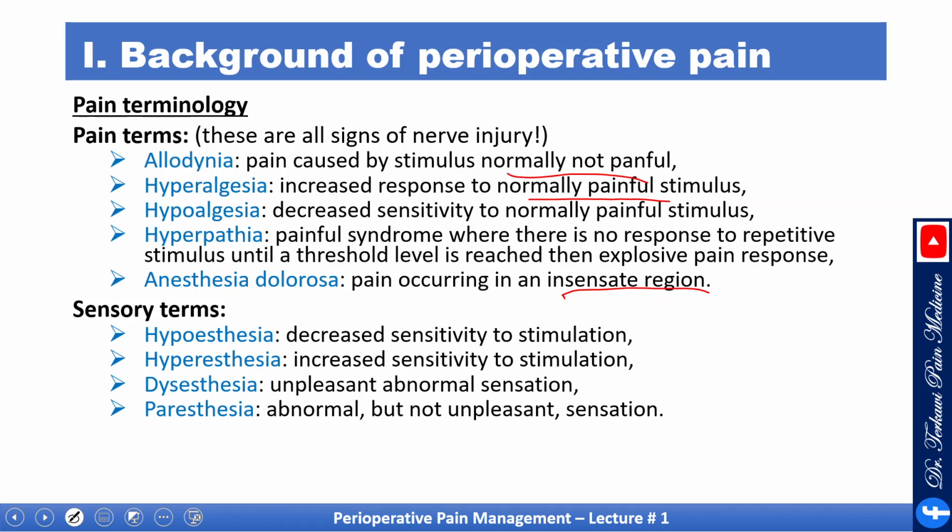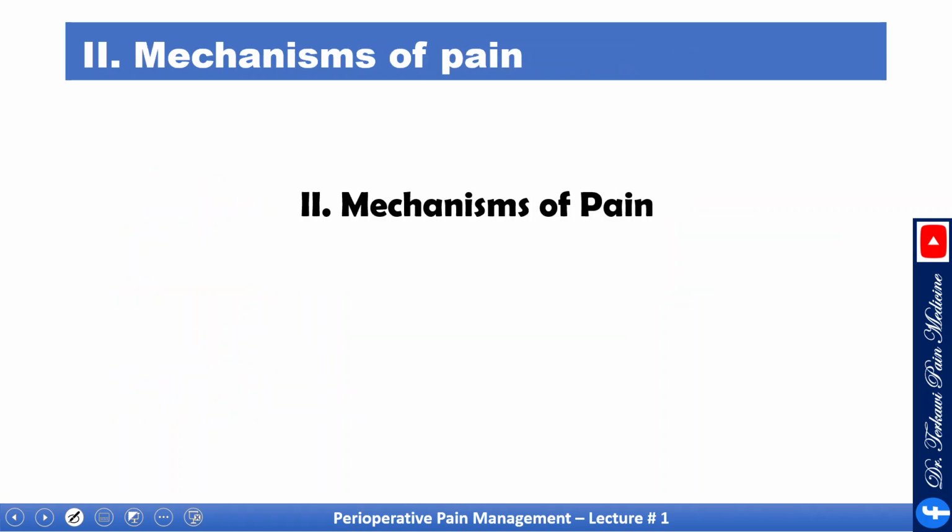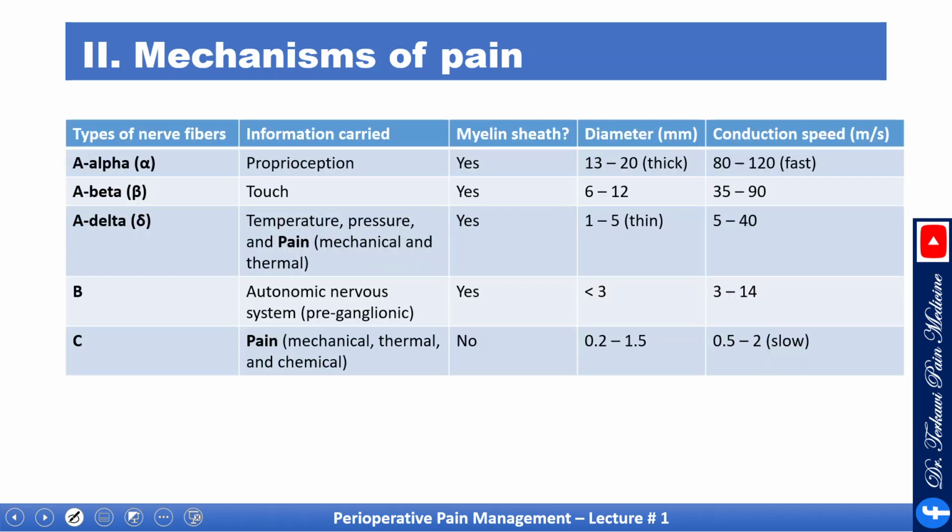Sensory terms: hypoesthesia, decreased sensation to stimulus; hyperesthesia, increased sensitivity to stimulus; dysesthesia, unpleasant abnormal sensation; and paresthesia, abnormal but not unpleasant sensation. Let's talk about mechanism of pain. First of all, let's learn about the types of nerve fibers.